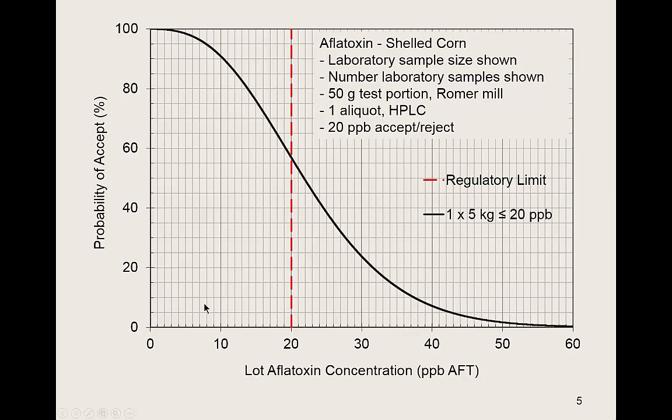Roughly 7% of the lots will be accepted. That means 93% will be rejected. So if all lots tested at 40, this testing plan rejects about 93% of the lots and will accept 7% of the lots. And accepting a lot at 40, of course, is an incorrect decision.